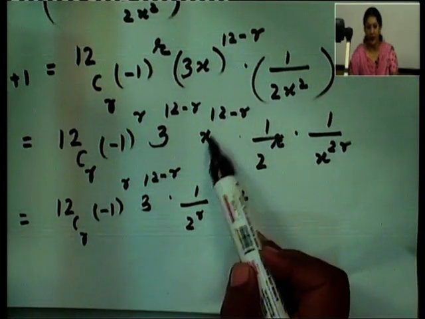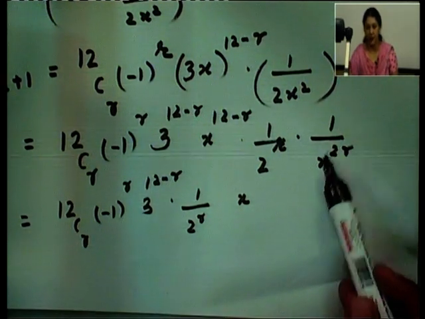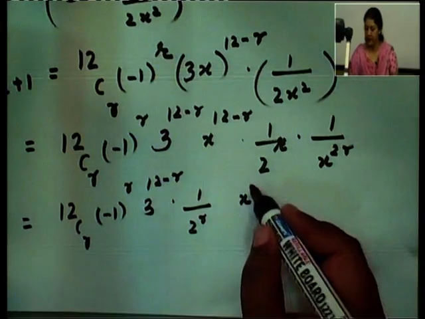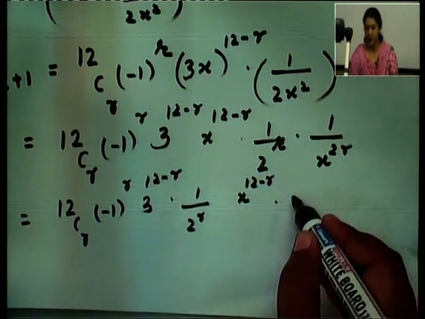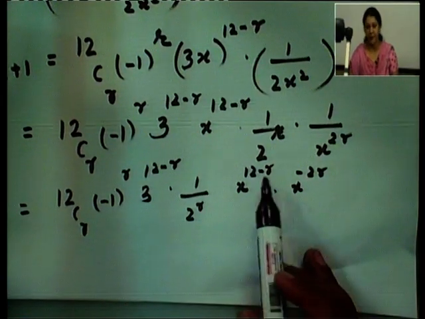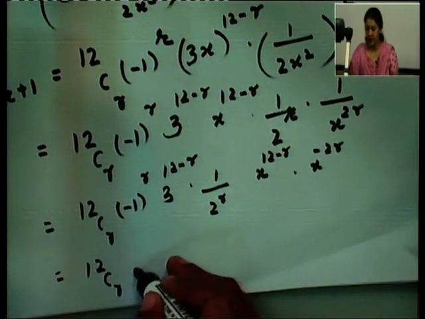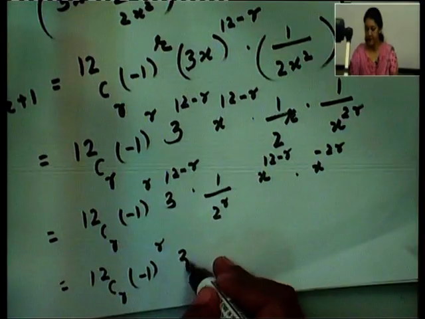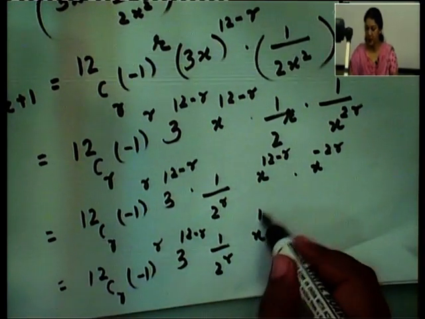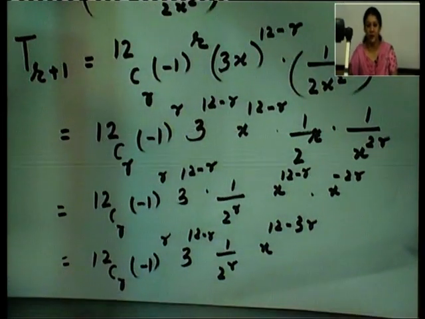Here the power of x is 12 - r, and there the power of x is -2r, since 1 upon x^(2r) is x^(-2r). So this becomes x^(12-r) into x^(-2r). Since the base is the same, powers get added, so this reduces to 12Cr (-1)^r 3^(12-r) (1/2^r) x^(12-3r). This is the general term, the (r+1)th term.